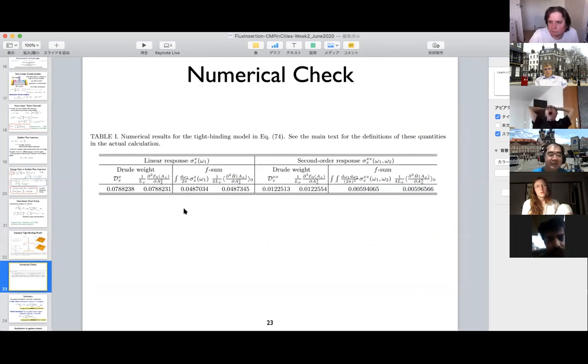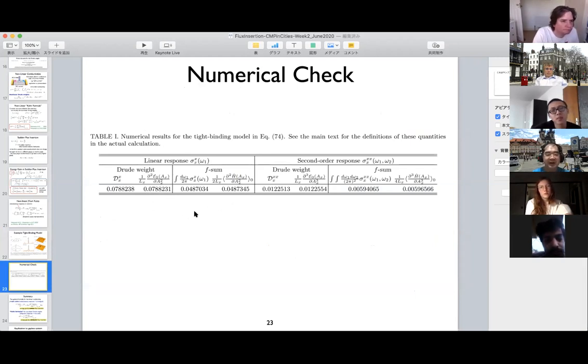And okay, so this is small, but he calculated the Drude weight for linear response and the f-sum frequency integral for linear response, and we can compare with this formula, Kohn formula, and f-sum formula.